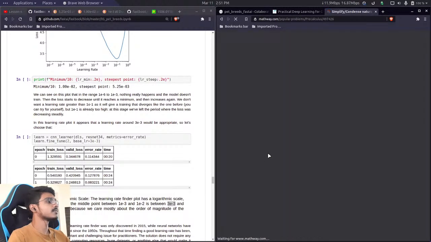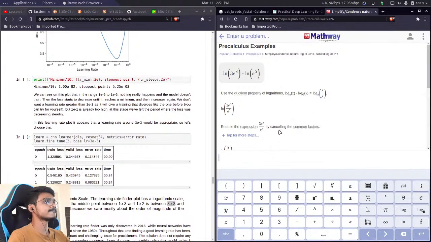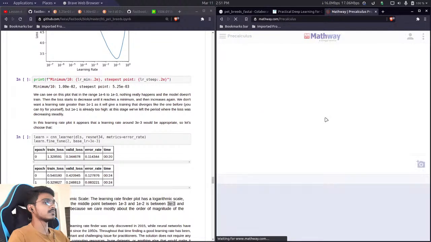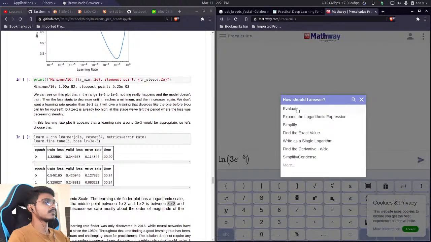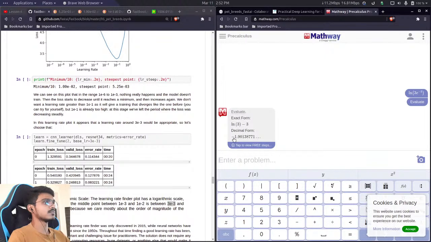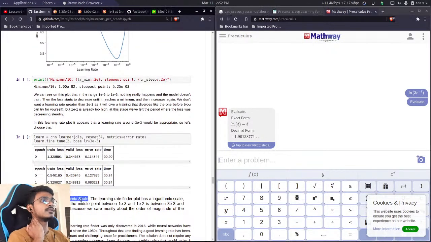Oh, I don't know. Minus 1.90. Why is it negative? What does the logarithmic scale mean?